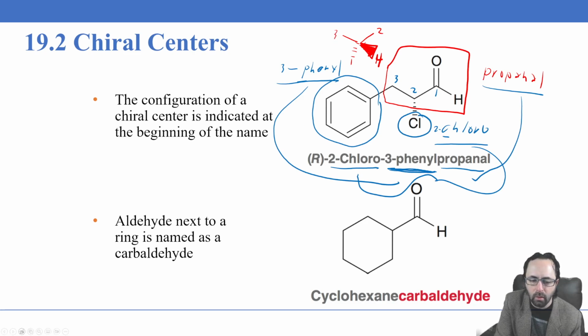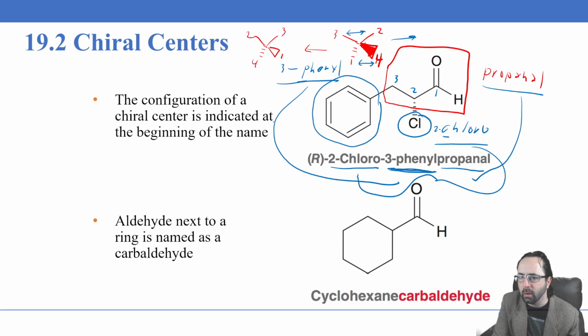And to assign R and S, we do a double switch. So we switch 1 and 4, we switch 3 and 2, and that's going to give us our double switch. Now we redraw this over here. That's going to put the 4 on the dash, which is where we need it to assign R or S. Number 1 is going to be on the wedge, and then 2 will be on the left, 3 will be on the right.